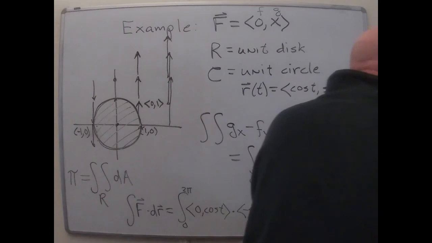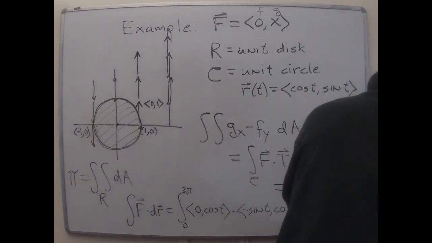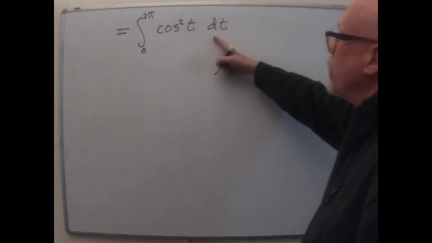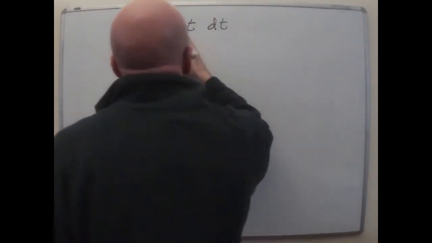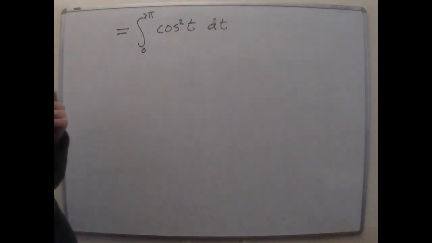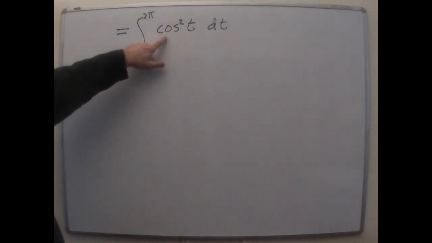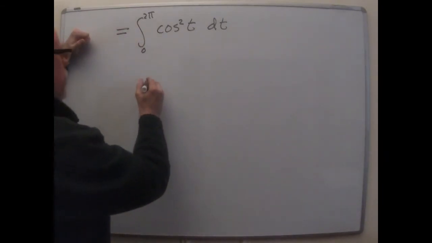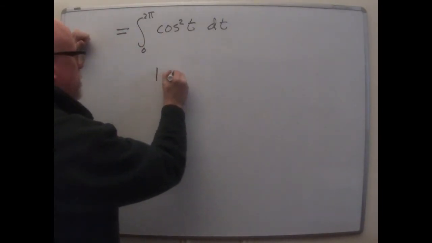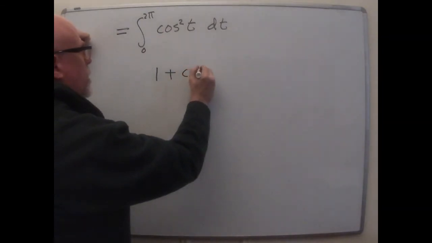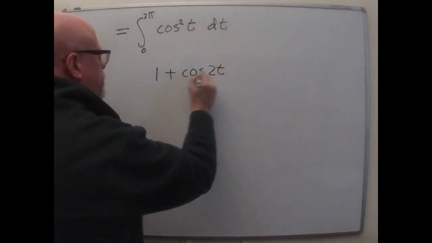I guess I need to make more board space. Right, so do you remember how to do that? Cos squared t, that's one of these trigonometric integrals. There's a half angle formula that you can use that cos squared t is the same thing as 1 plus cos of 2t over 2.